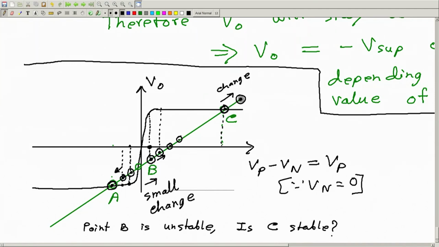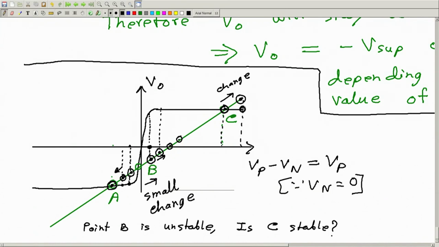So I come from here to here, and at this point, this is the value of Vp minus Vn, and the static characteristic of the op amp will say that for this value of Vp minus Vn, the output of the op amp should be here.